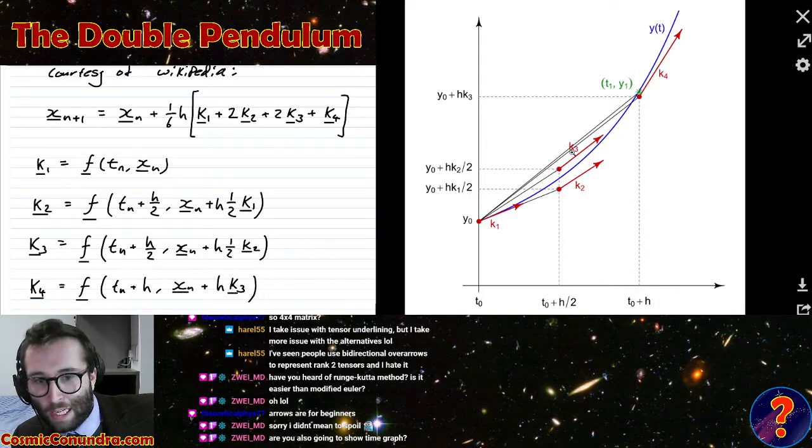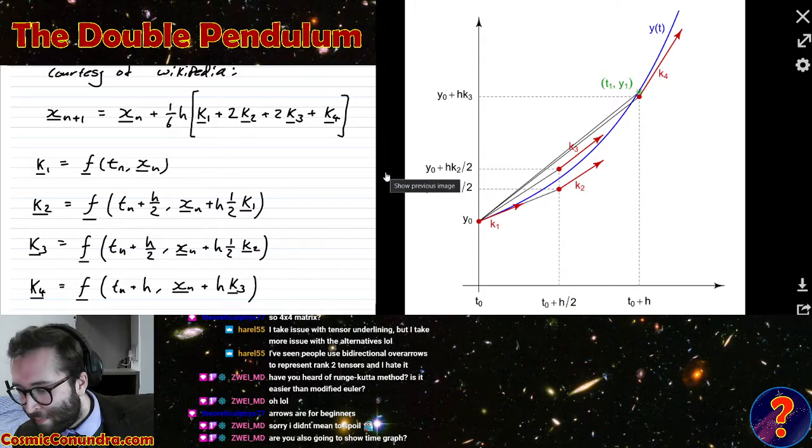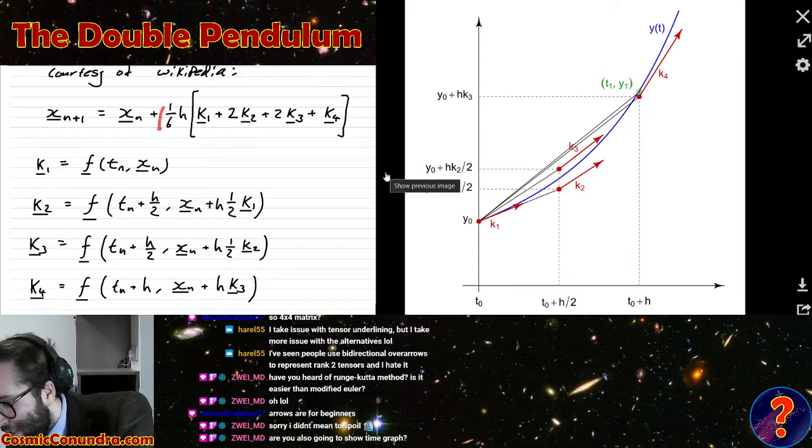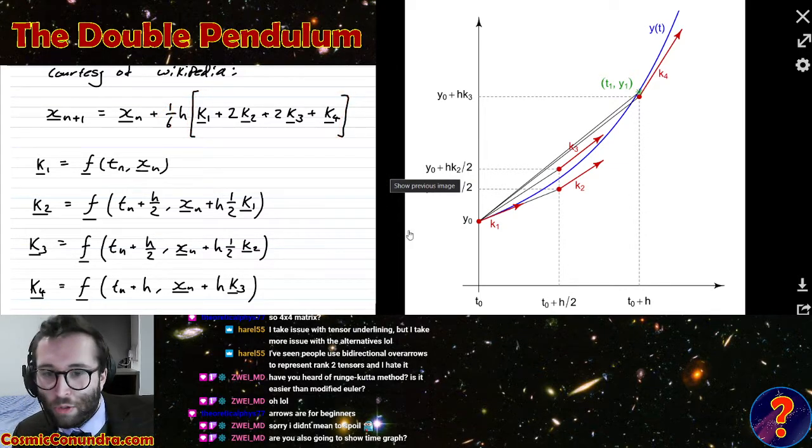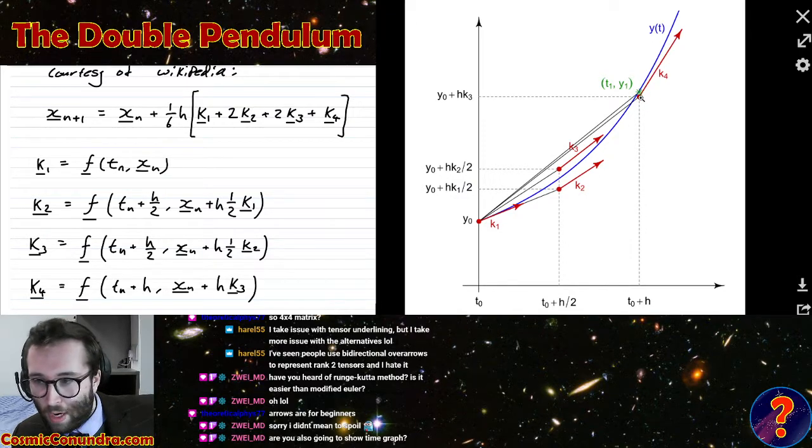So K3 is like this averaged gradient between the points you have. Well, sorry, K3 is not the average gradient. K3 is one of the terms that appears in the average gradient. The average gradient is 1/6 times all of these terms here, which give you a good approximation to the gradient between y0 and what is called y1 here, because you're sampling the gradient at a few different points along the curve.